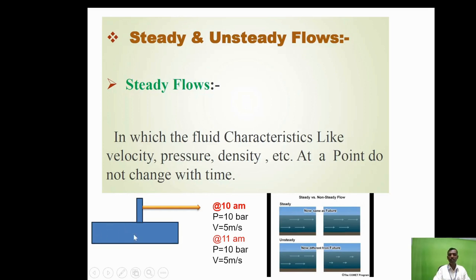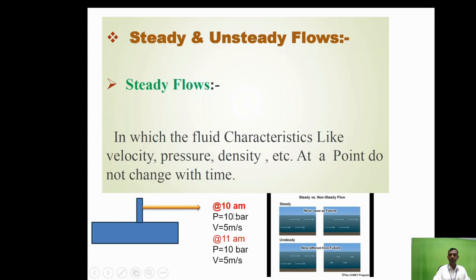Here the water is flowing through this pipeline. I measure the pressure and velocity at 10 am. Here the pressure is equal to 10 bar and velocity is equal to 5 meter per second. After 1 hour, I again check the pressure and velocity. Here the pressure is equal to 10 bar and velocity equal to 5 meter per second.